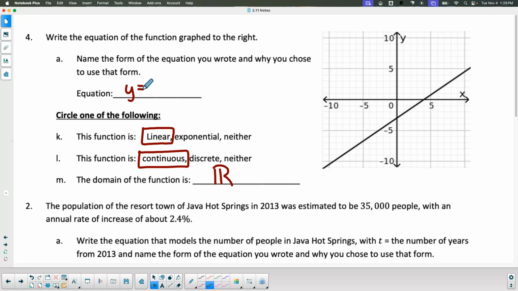This one right there. What we got for a slope? 3/4. Up 3: 1, 2, 3. Run of 1, 2, 3, 4. I would concur with 3/4 x minus 3.